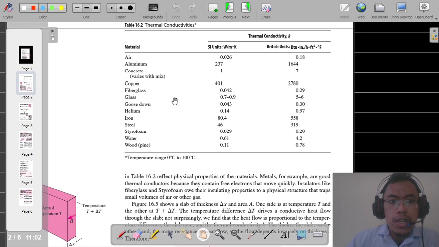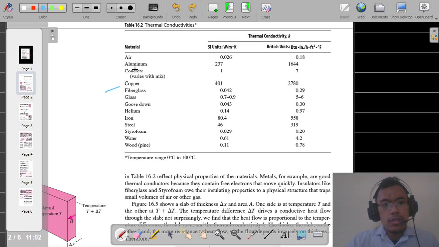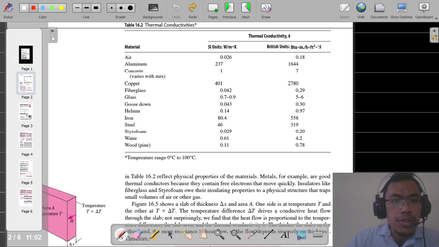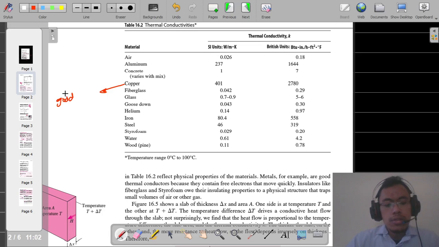But copper, as we know, is a very good material for conducting thermal energy. Copper has good thermal conductivity.